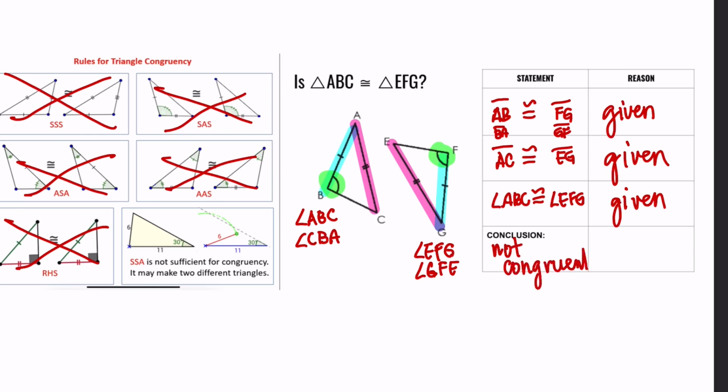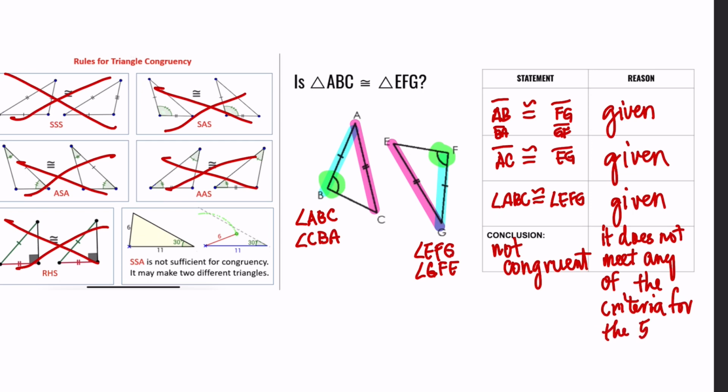And the reason being, it does not meet any of the criteria for the 5 rules of congruency.